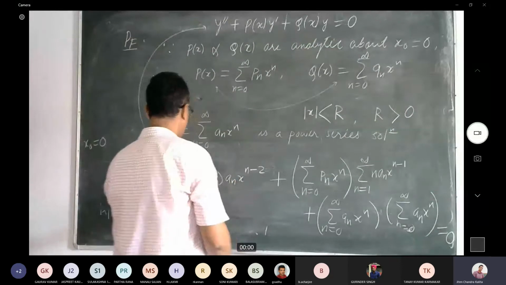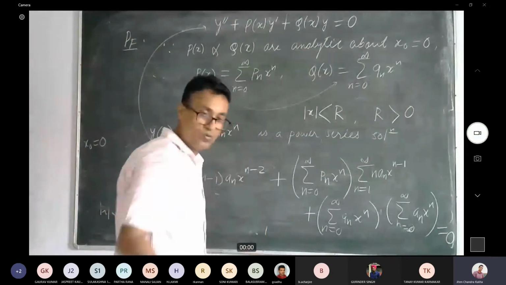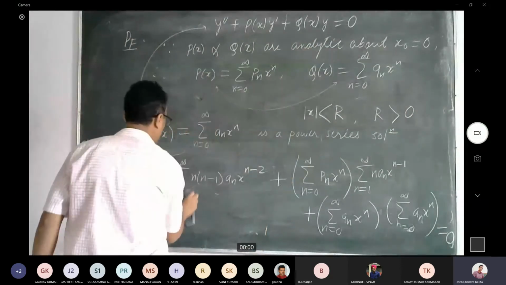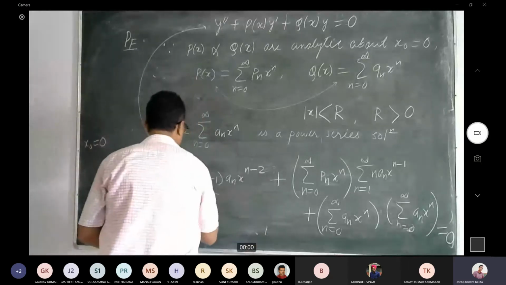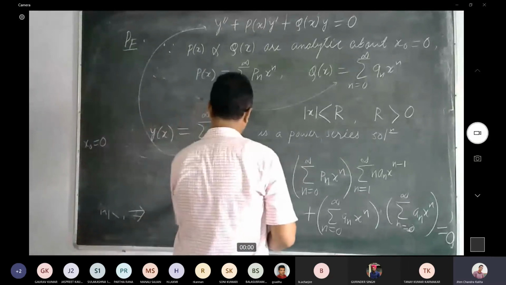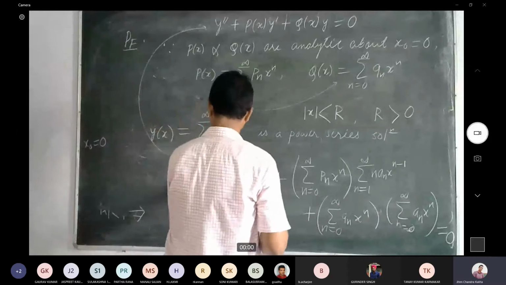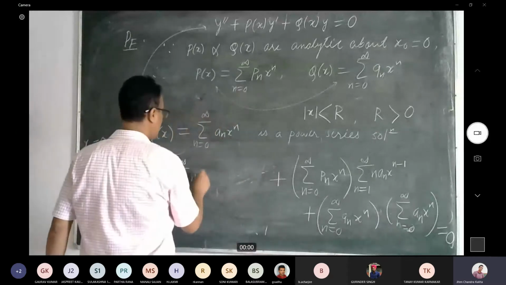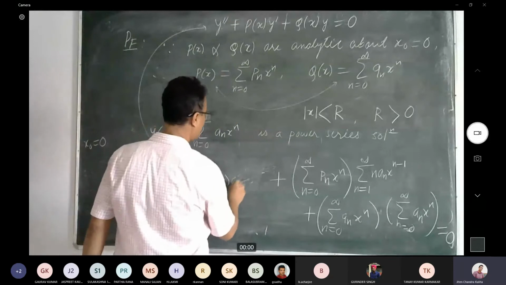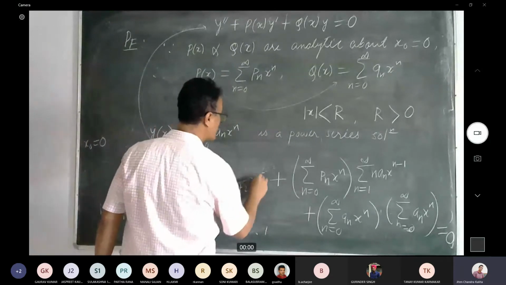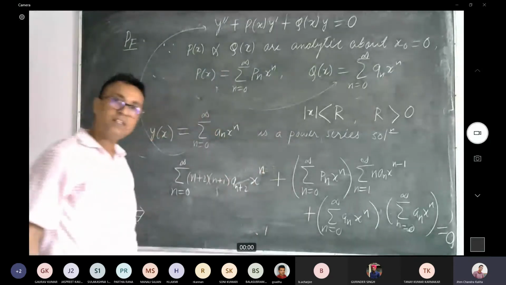You know the trick. So I am simply going to start this from n equal to 0, and this is going to be replaced by n plus 2, n plus 1, a n plus 2 x to the power n.